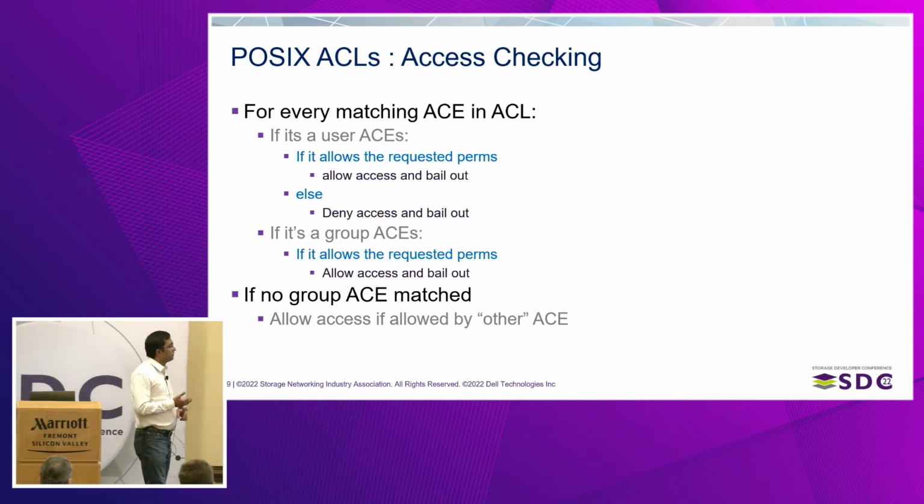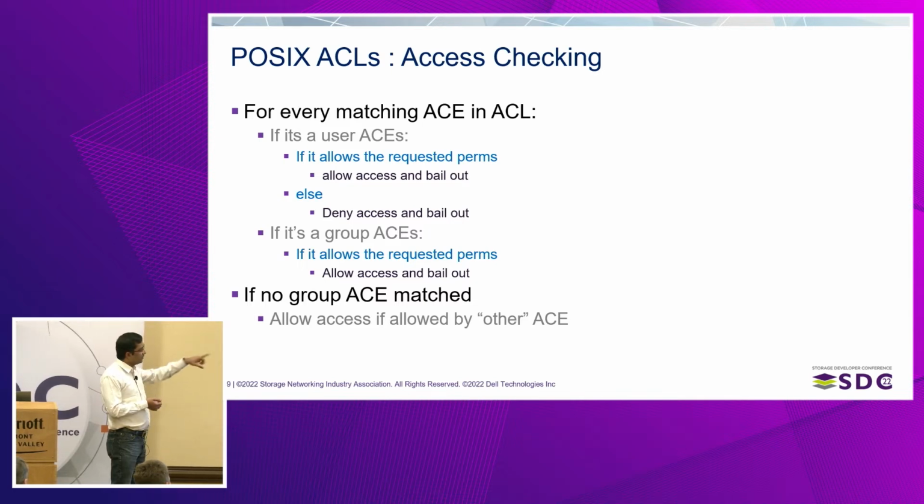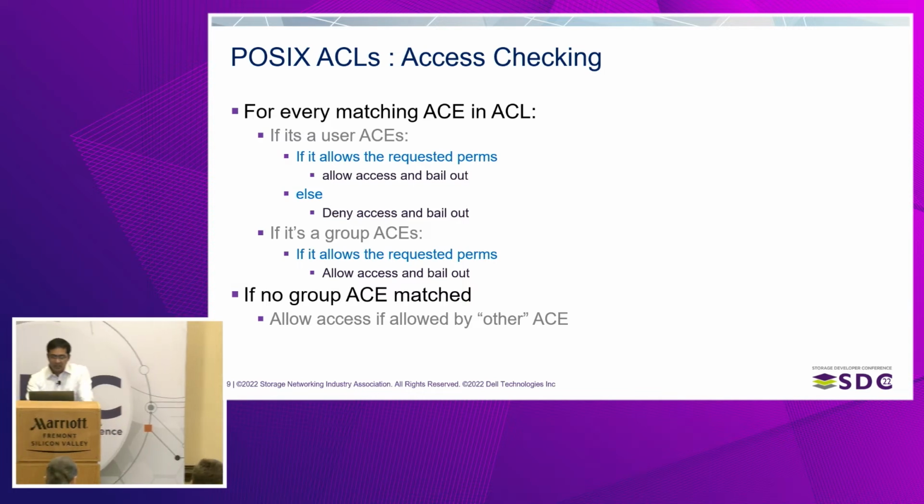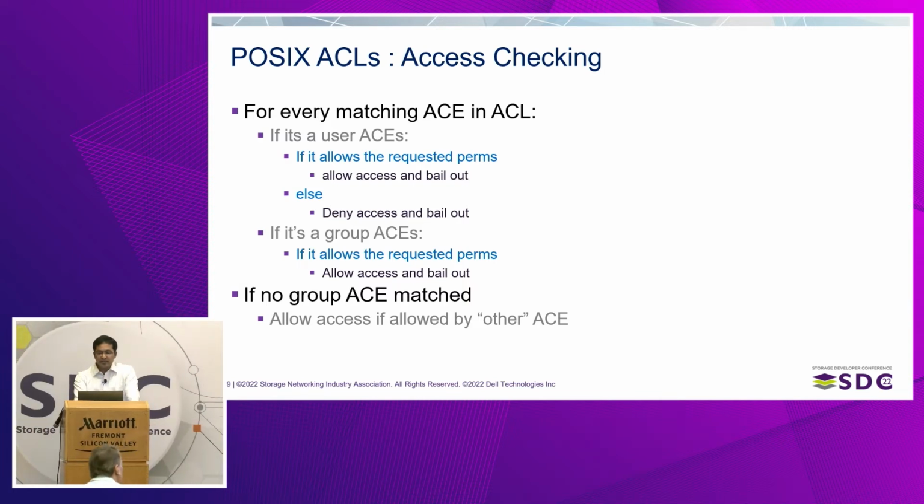There are two things to note here. The first is that the first part of the loop is how you do access checking for user ACEs. If I were to summarize this, we go through the ACEs in a predefined order, which we talked about earlier. The ACE match happens, like we talked about earlier, either by user match or group match.